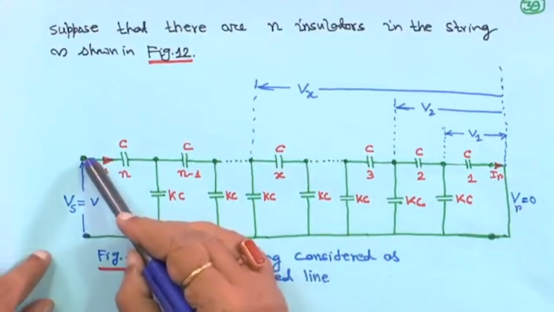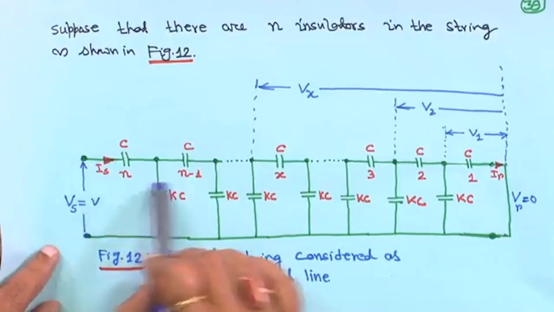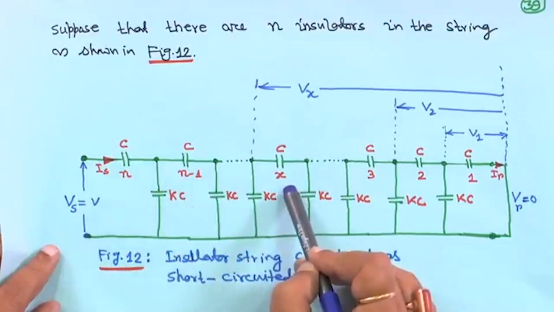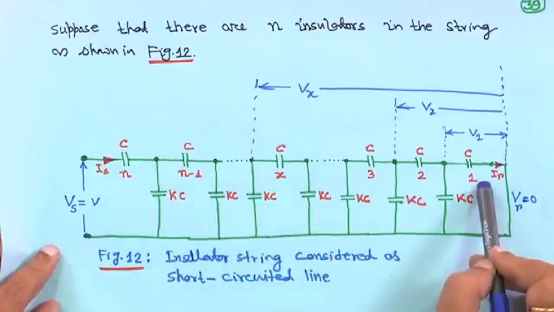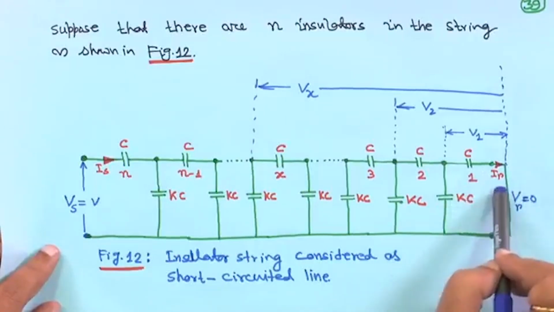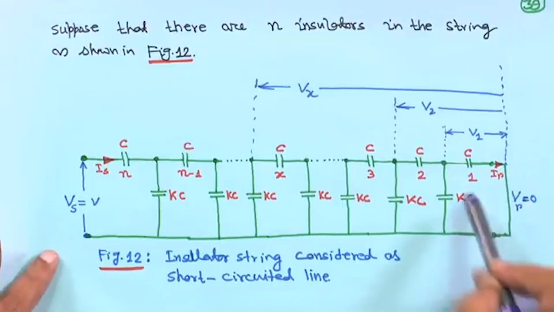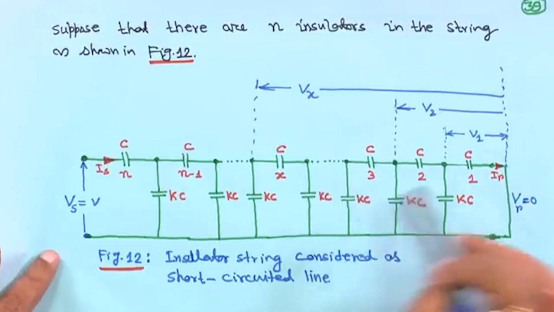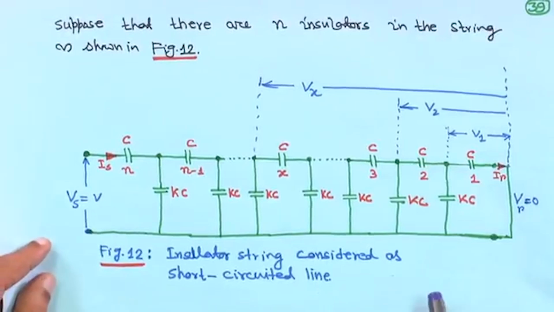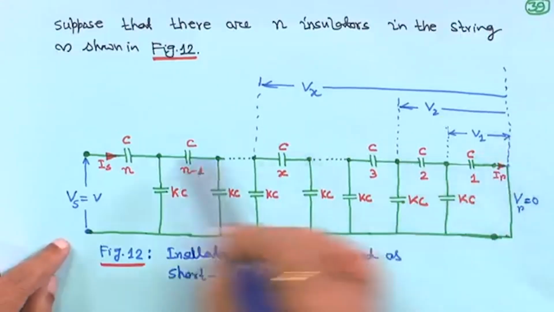Sending end means the conductor is here actually, and this is your nth unit in the string insulator, and this is n minus 1, then some number x there, then near the tower end, it is 1, right, as if it is a short circuited earth, and these are all Kc capacitances, as if shunt capacitances, right. This way you imagine, and the voltage here, it is from the top of the tower we are going like this.